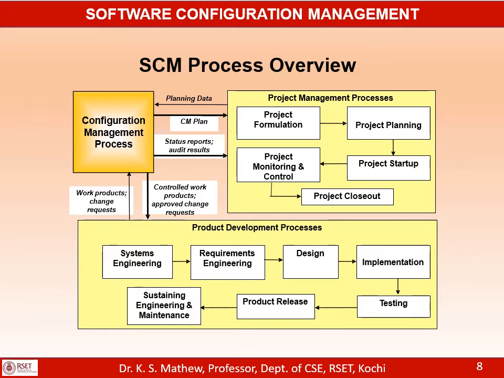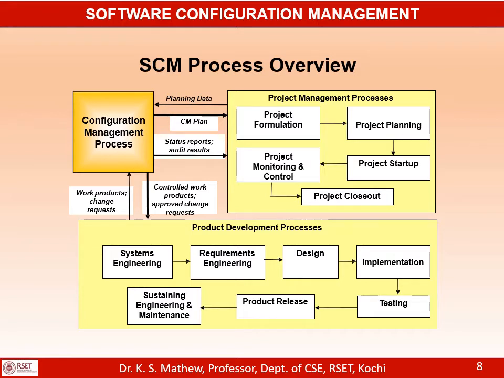The configuration management process takes input from other planning processes, which come from project management processes as a big block. Even though this diagram looks complicated, you need not worry much about the individual small boxes inside the project management processes as well as the product development process. There are a lot of small boxes which are actually different processes coming under SDLC, and in project management there are a lot of processes represented using small boxes, which you need not worry about at this point of time.